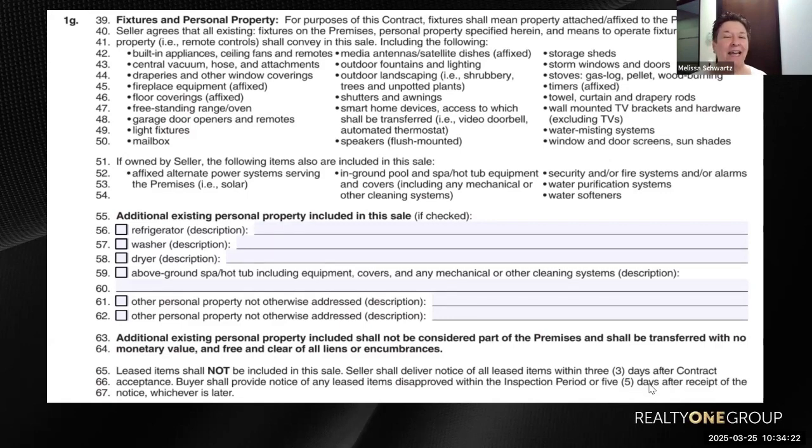Back in the day, I can't tell you how many times the buyer showed up and that avocado green side-by-side refrigerator was all of a sudden there instead of a black fridge and freezer, right? And you're like, wait, where did that come from? Well, it just said refrigerator. That's all it said.